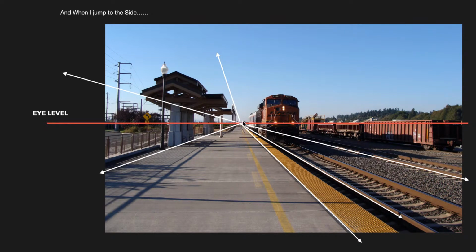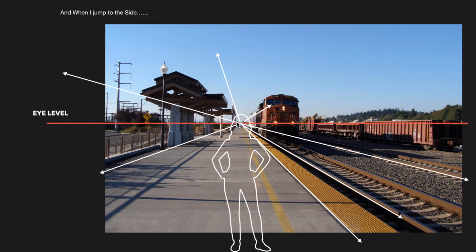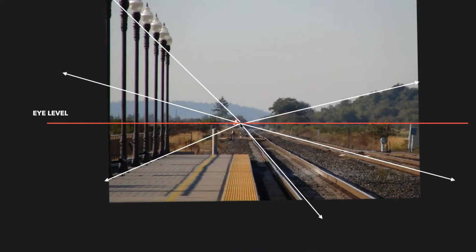All those lines converge from my new vantage point, from my new eye level. I'm standing up on the sidewalk a little bit and I'm looking straight out at something new, but all the lines are still converging at my new eye level. And here I walk to the end of the platform, and once again, everything is converging.